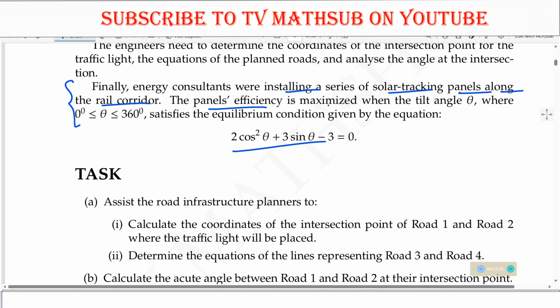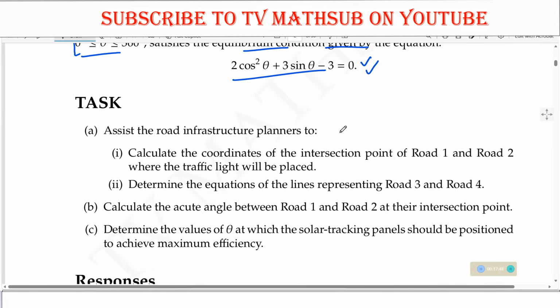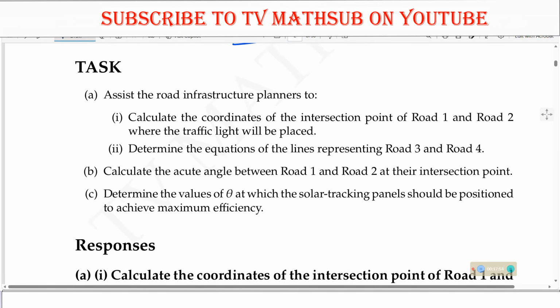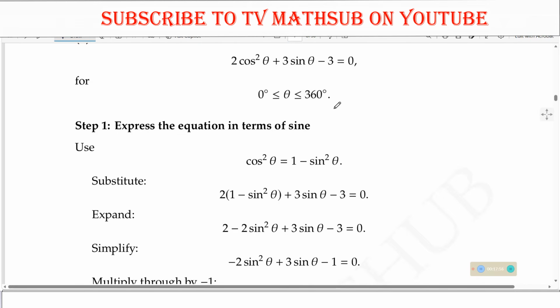The panel's efficiency is maximized when the angle theta, where theta is in this range, satisfies the equilibrium condition given by this. So we need to solve this to get the values of theta at which the solar tracking panels should be positioned to achieve the maximum efficiency.